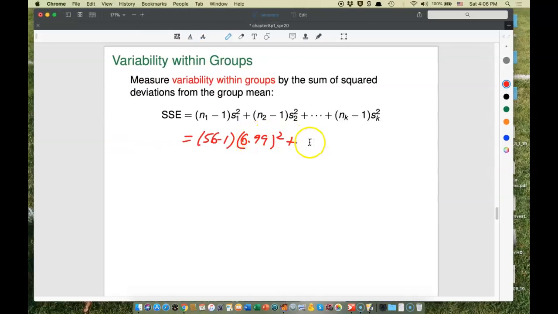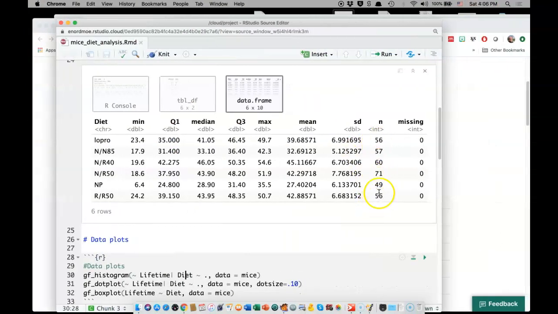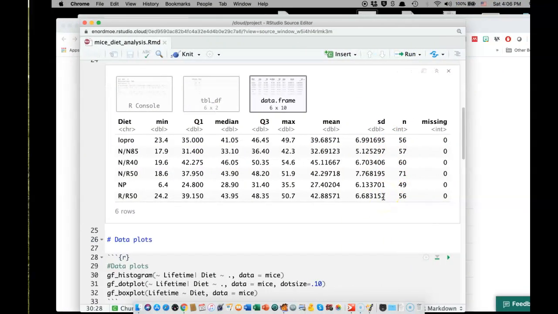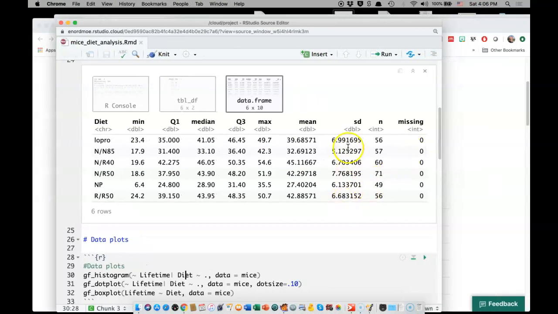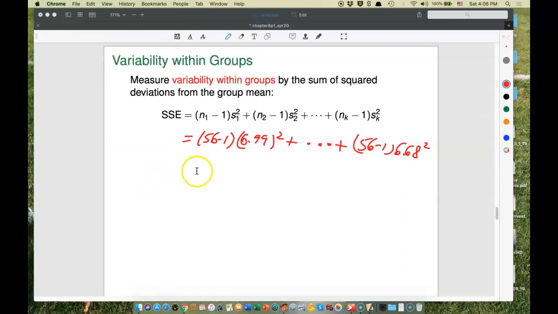So if I just put dots here for "and so on," then we would end up with 56 minus 1, because those happen to be the same sample sizes just by chance, times the associated standard deviation squared, which for this group was 6.68 squared. So that one happened to be close. So those two groups are quite close in a couple different ways. But when we add all those together, we get 15,297.4 as our total sum of squared errors.